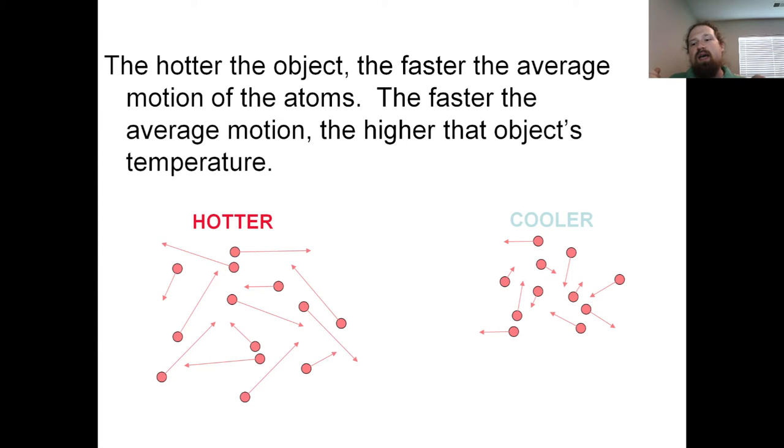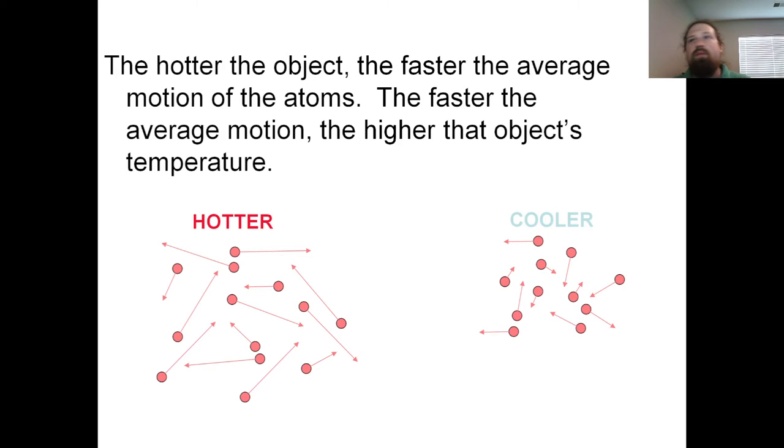Meanwhile, if something has less thermal energy, say I used this hand to touch something that's hot, so now this hand has more thermal energy in it than it's supposed to. If I use my other hand to touch something cold, this hand will have less thermal energy in it than it's supposed to. And when something has less thermal energy than is needed, its particles literally have less energy.